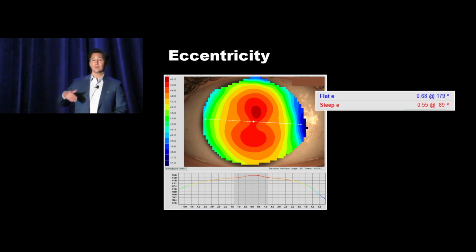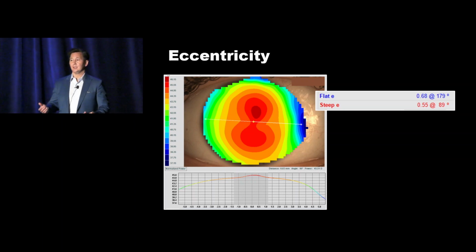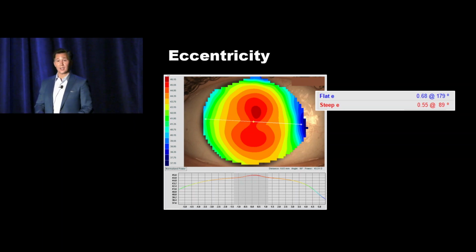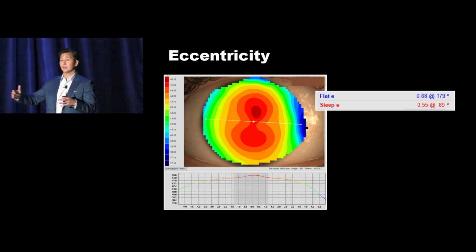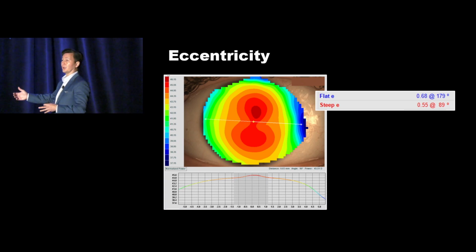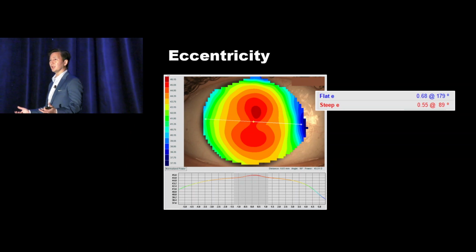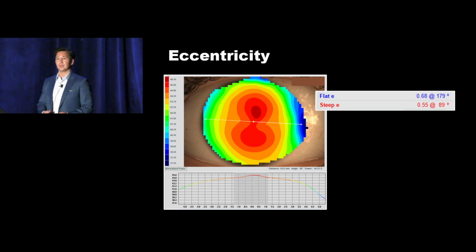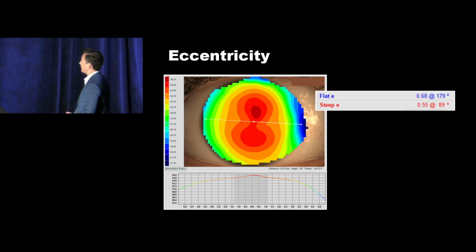The higher the rate of corneal flattening, the higher the eccentricity, the better the potential for ortho-k. Now, why? Orthokeratology sphericalizes the central cornea. If the cornea is already a sphere, it's hard to move the cornea in that range toward sphericalization. It's already a sphere. So the higher the eccentricity, the better the potential for ortho-k.